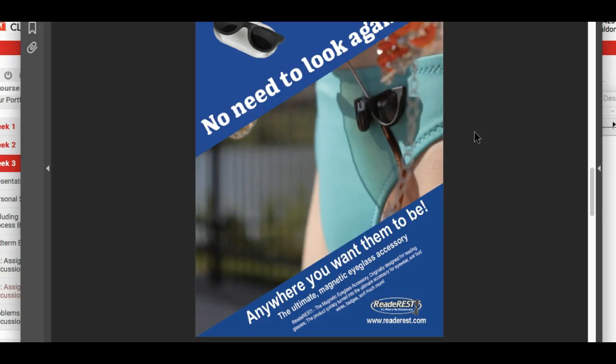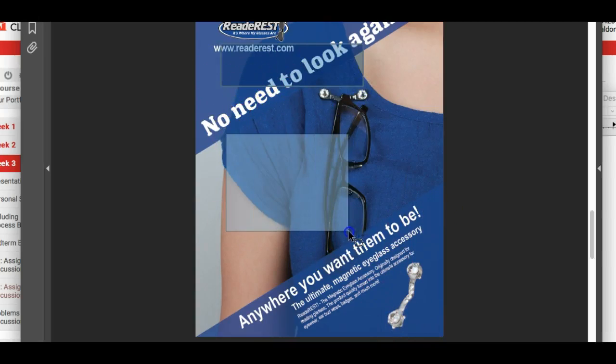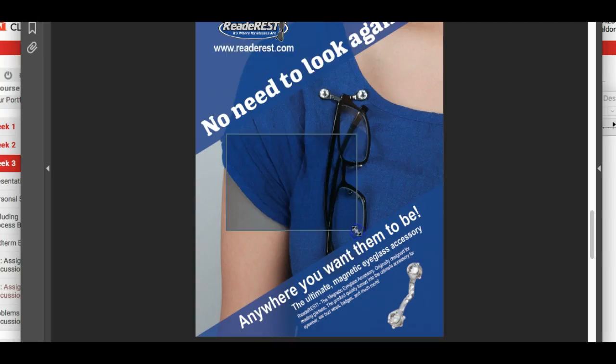Magazine ads. Now you do need text in a magazine ad. So what I would do is, let's use this one as an example. I would get rid of those blue blocks, logo, lower right-hand corner. No need to look again. Headline, and then maybe your subhead, then a little body copy. Explain what's going on with the magazine ad. Remember, they have time in a magazine ad to read about the product, and they will.